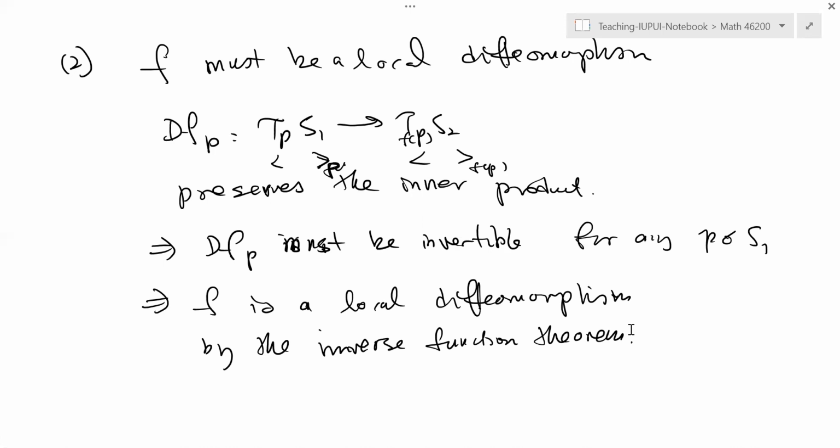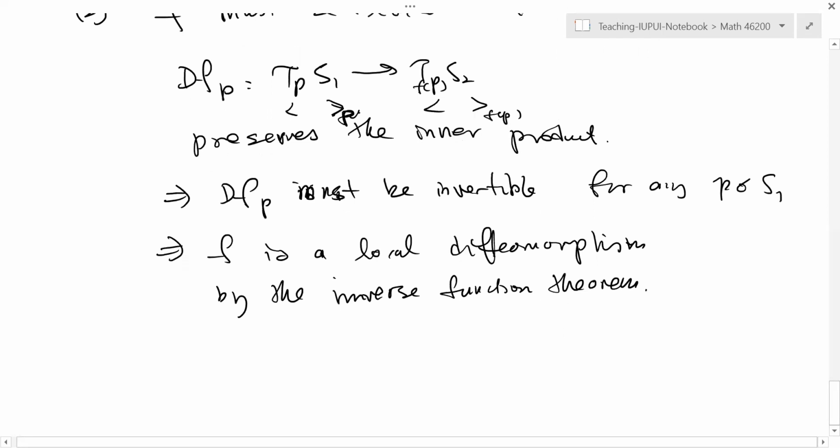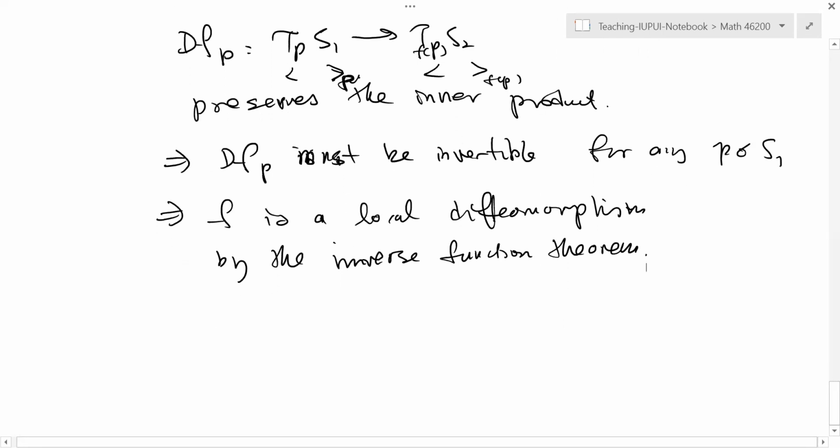That's impossible because a non-zero vector has positive length and the image is zero. That's impossible because it preserves the length of the vector. So this must be non-singular, invertible. That's why a local isometry must be a local diffeomorphism.